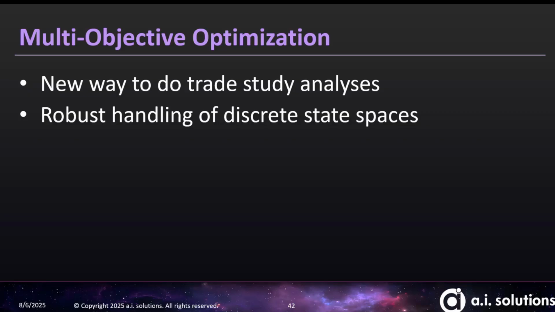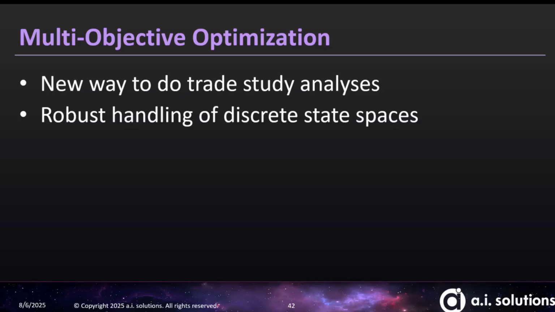If I have a problem in front of me where I need to decide what my input variables are going to be for my mission, for my model, whatever it is, and I want to do that based on several different objectives, several different categories that I want to optimize for, the multi-objective optimizer allows you to easily and visually represent what that trade-off looks like, so that you as the engineer can make an informed decision on what those input variables should be.